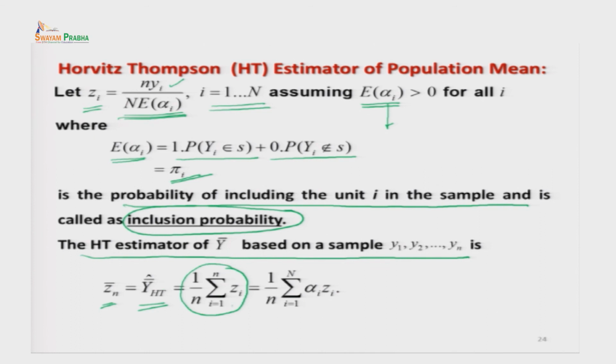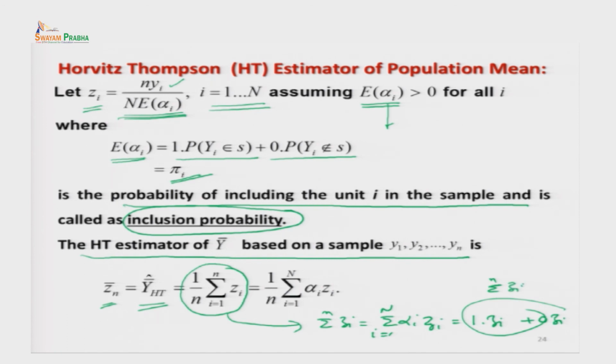And if we write this in a simpler way, this summation of z I can be written as a summation I goes from 1 to capital N alpha I z I. Why? Because alpha I will take value 1 for all those values which are available in the sample, and it will take value 0 for all other values which are not in the sample. So their sum will become the same as the summation I goes from 1 to n z I.